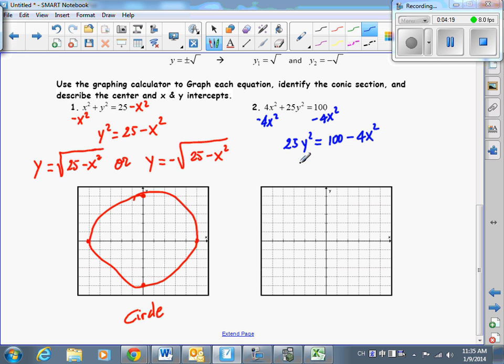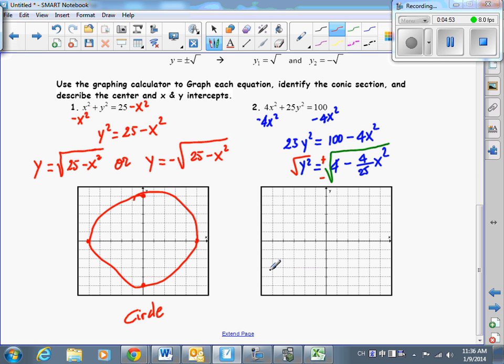You will get y squared is equal to, what is 100 divided by 25? 4. And I will leave it as 4 over 25 x squared because I cannot simplify that. Remember, once I bring the square root in, it will bring a plus and a minus. The square root will always bring the plus and the minus.